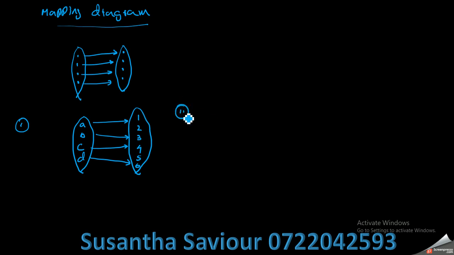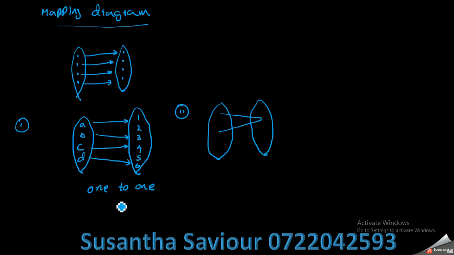Second, say it could be something like this. Say in this case, one element of domain went to one element of range, right? So this is called one-to-one mapping.